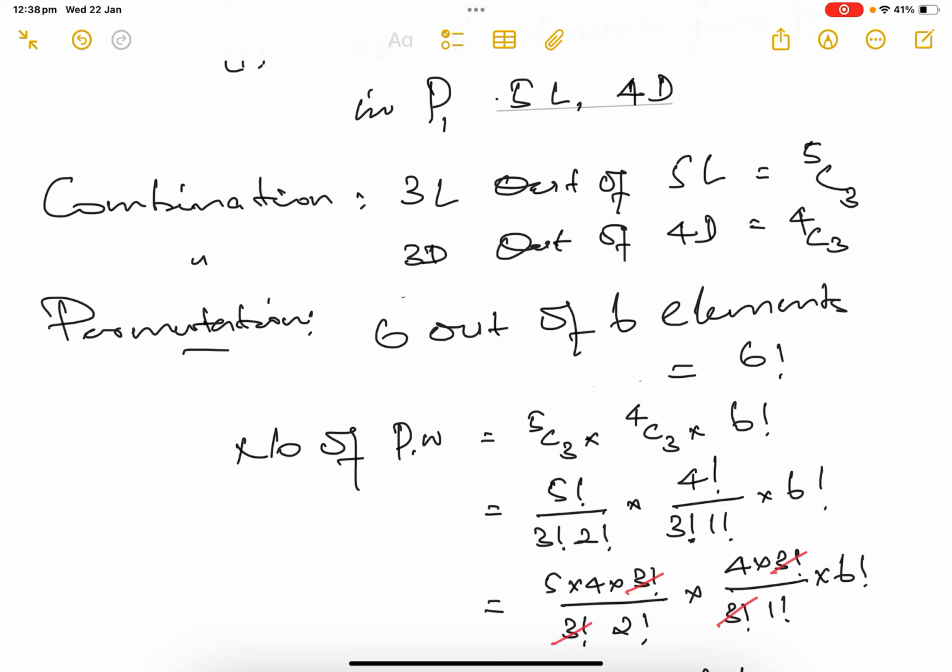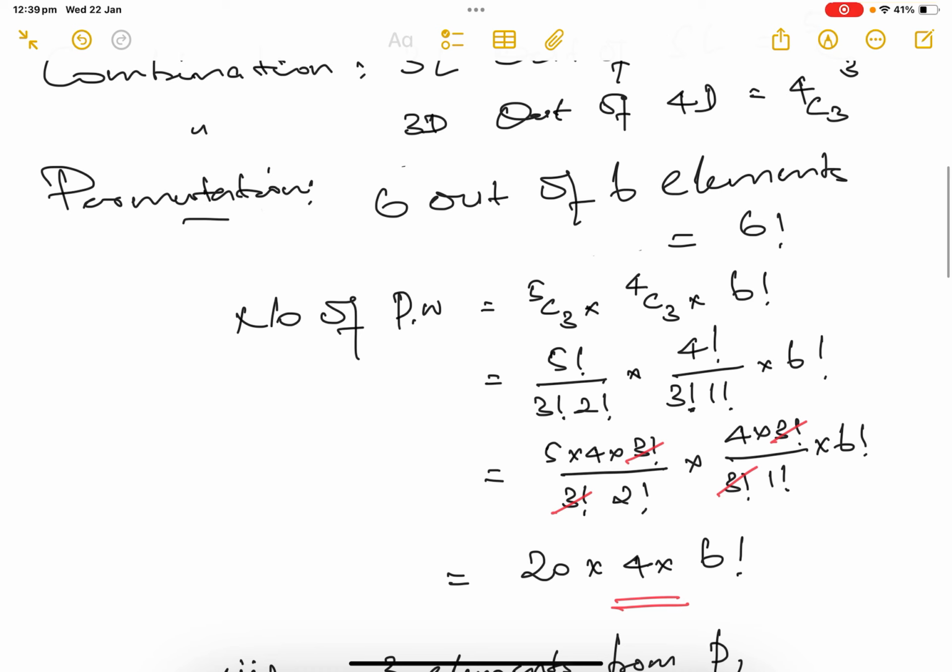So all 6 elements are used to arrange a password. Again, arranging a password is a permutation, and we are using all 6 elements. Therefore, the number of permutations we can get is 6 factorial. Right, let's do it.